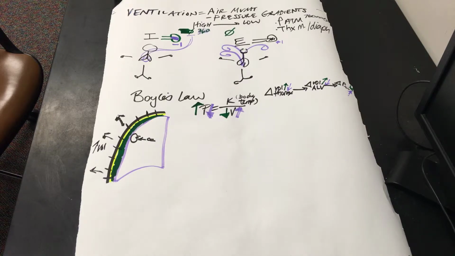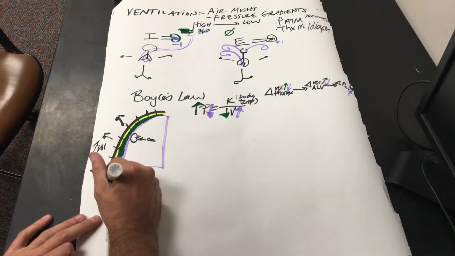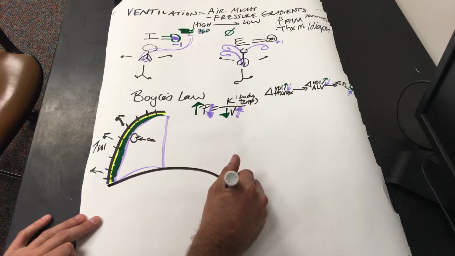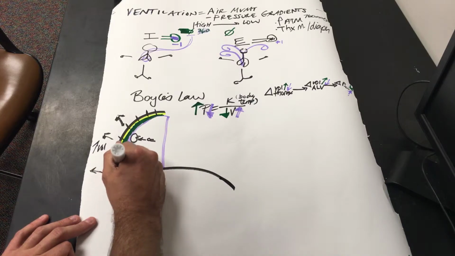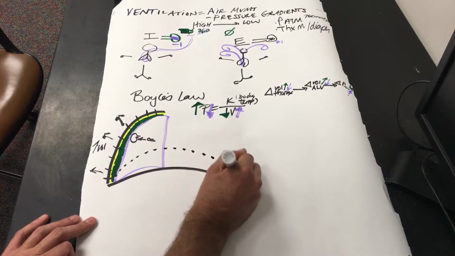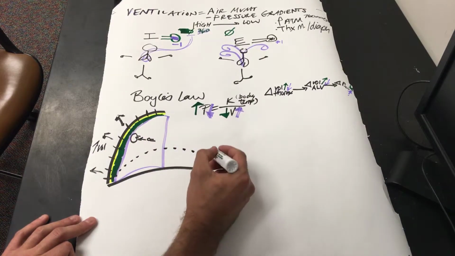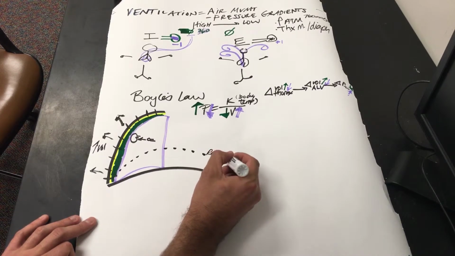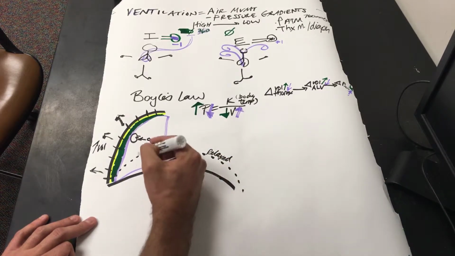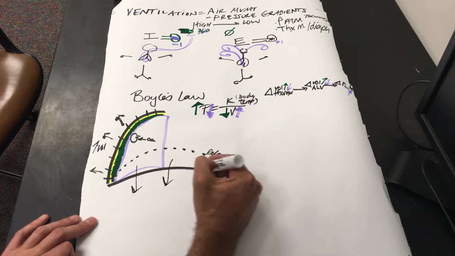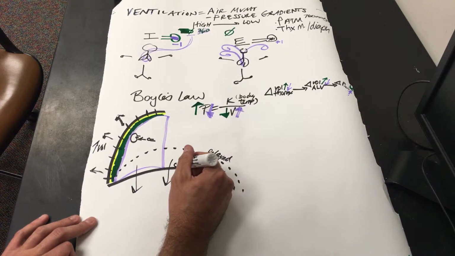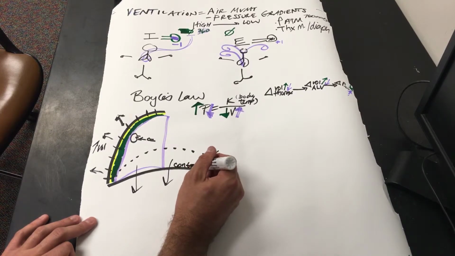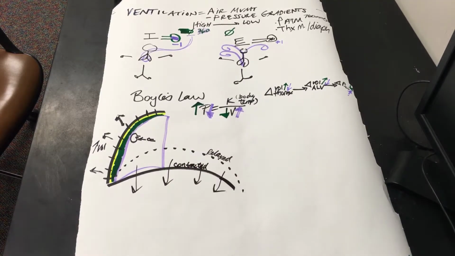The other structure here that's important to point out is the diaphragm. The diaphragm is dome-shaped when relaxed, and when it contracts, it moves downward toward the abdominal cavity, and it flattens out, contracted.